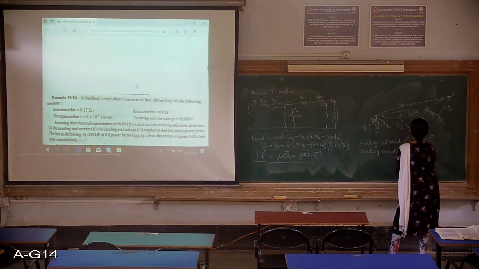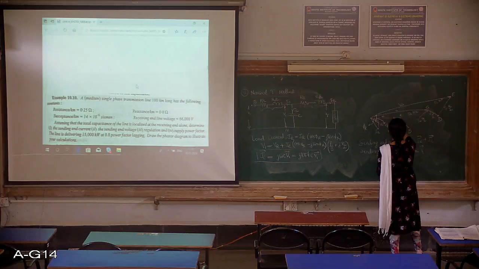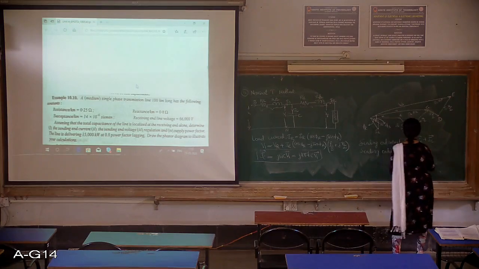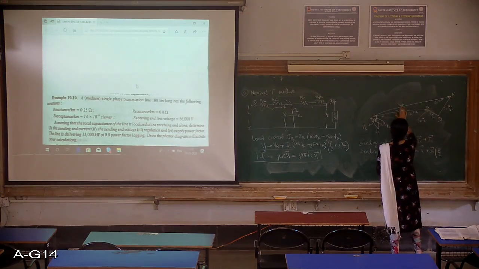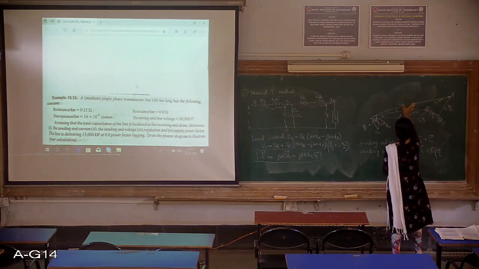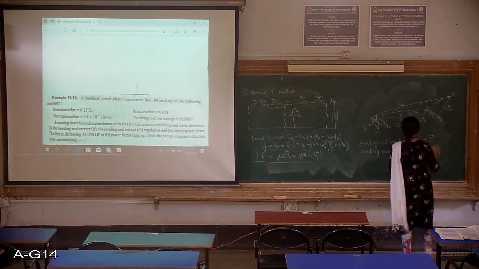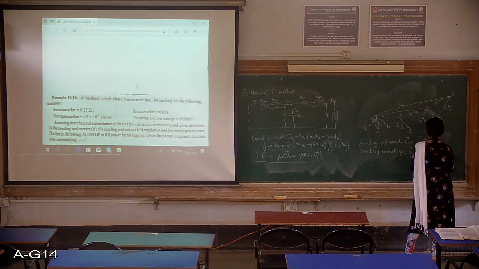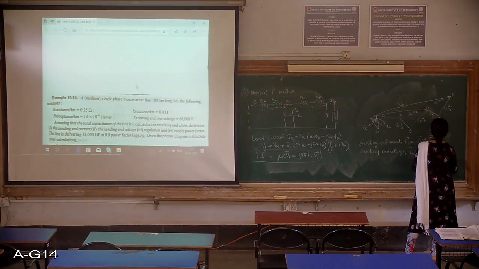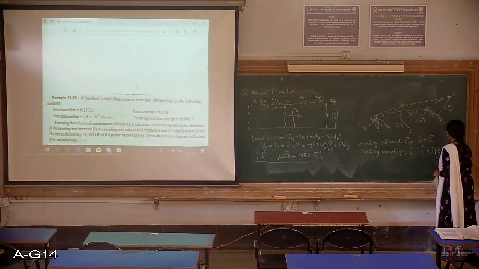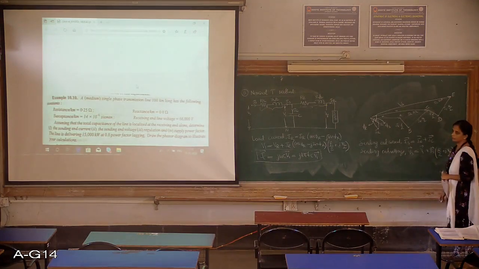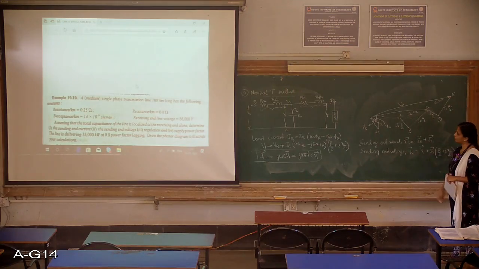Vs is equal to V1 plus IS into R by 2, so V1 plus this drop. So Vs is V1 plus this drop, IS into R by 2 plus j XL by 2, not Z, this is j XL by 2. So these expressions you ought to know for solving the problems.